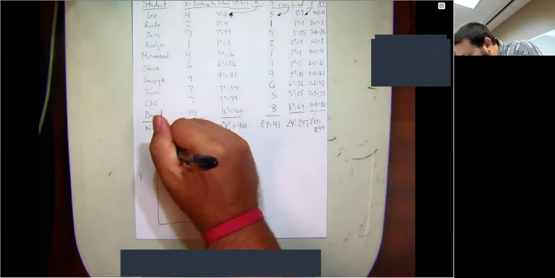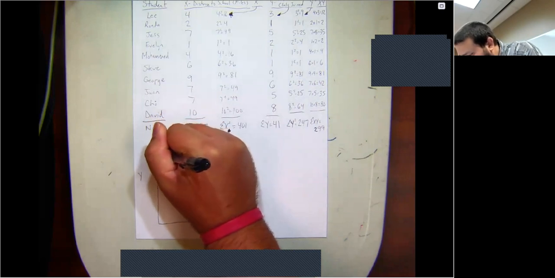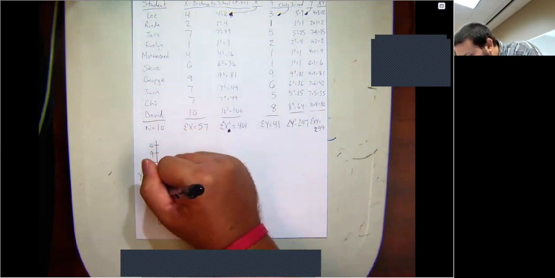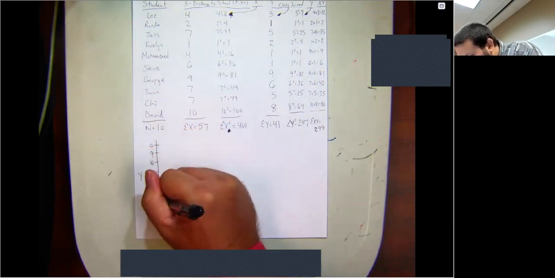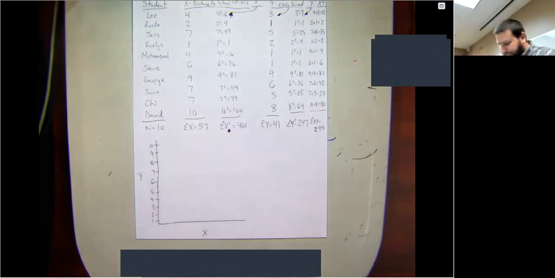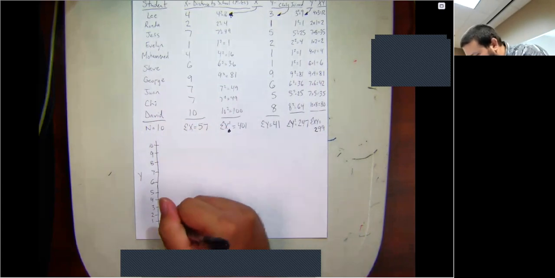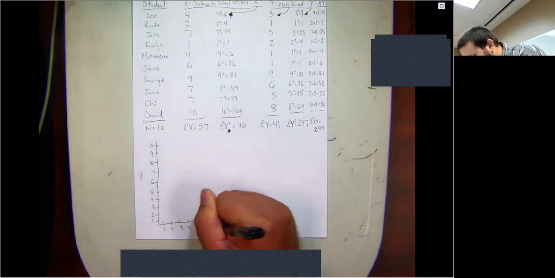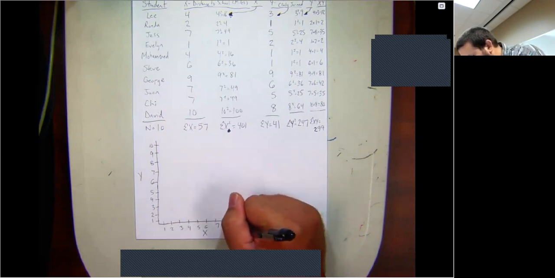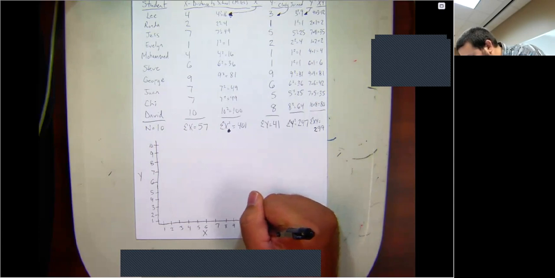So I'm just going to make these equal to one another. I'll go up to 10, 9, 8, 7, 6, 5, 4, 3, 2, and 1. And then 1, 2, 3, 4, 5, 6, 7, 8, 9, 10.